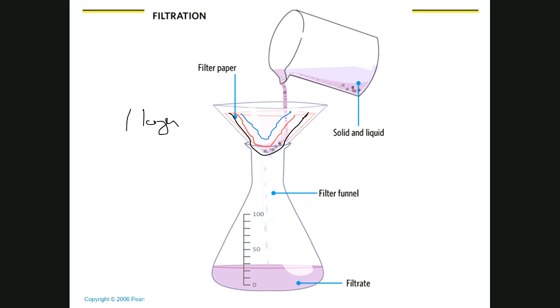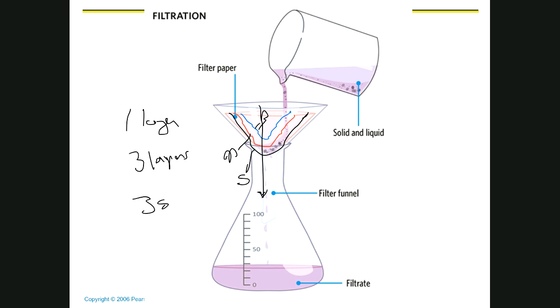I could have big holes here, medium-sized holes here, and little holes here. But what would make it through? If this were big holes, this were medium-sized holes, and this were small holes, who's going to regulate what gets through? The smallest, exactly. But look, it's no longer one layer, it's 3 layers. It's not a 1-stage filter, it's a 3-stage filter.